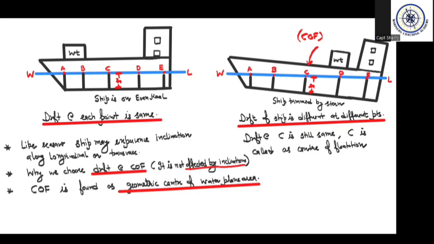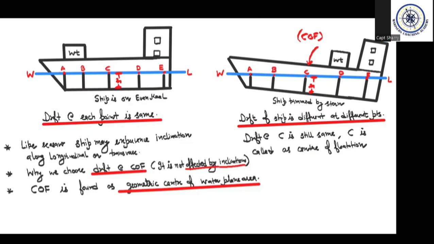Understood or not? Now why do we choose the draft at the center of flotation? We choose the draft at the center of flotation, which is also called the hydrostatic draft, for only one reason. This draft has no effect of longitudinal or transverse inclination of a ship. So the calculations are easier. There is no correction to these calculations.